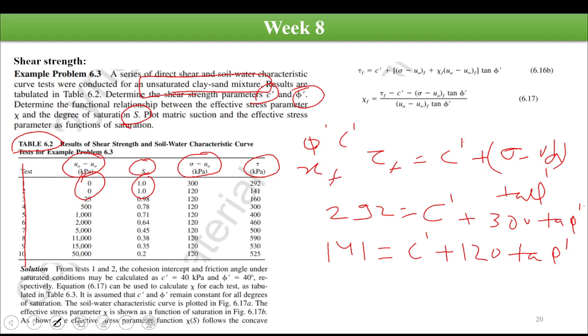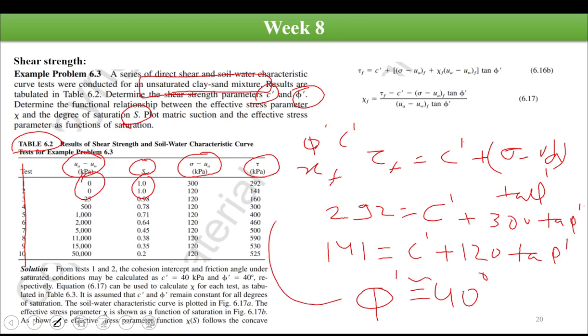So the value of phi dash will be equal to 292 minus 141, divided by 300 minus 120, since c will cancel. Then we'll have to take tan inverse of this answer. It will give you the value of phi dash as around 40 degrees.